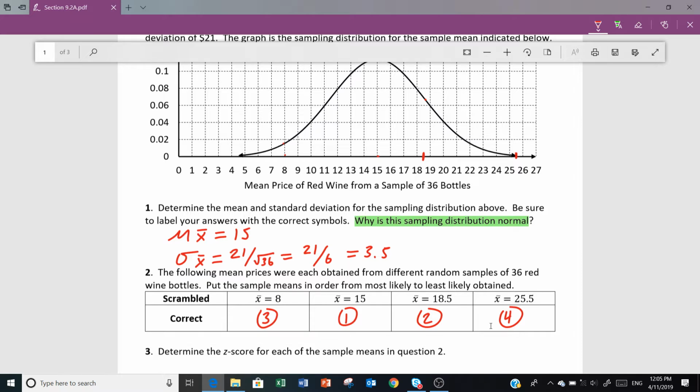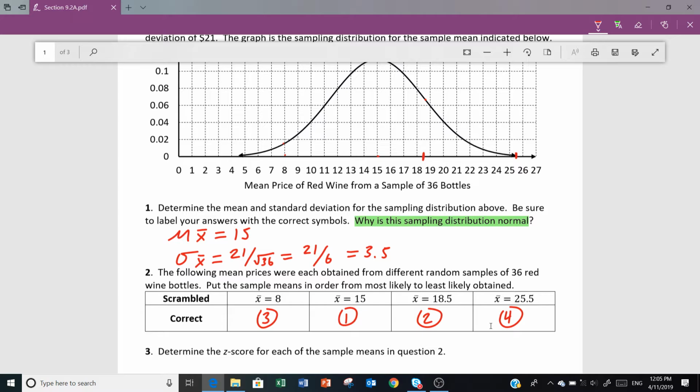Okay, we have to divide by 3.5 here because we have x bar that we're finding the z-score for, x bars. We could also look at this logically and see that we added one standard deviation to get from 15 to 18.5.